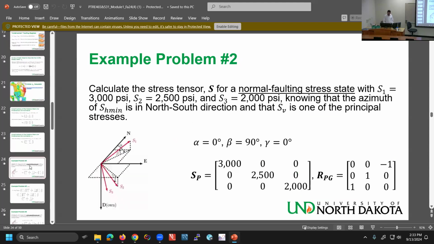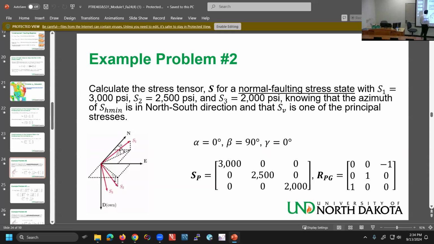I was giving you an SP, the principal stresses matrix, which is basically the eigenvalues, and you had to rotate the matrix to a specific frame of reference. The one we use, the most common in geomechanics, is the north-east-down right-hand rule: east with your index, north with your thumb, down with the middle finger.